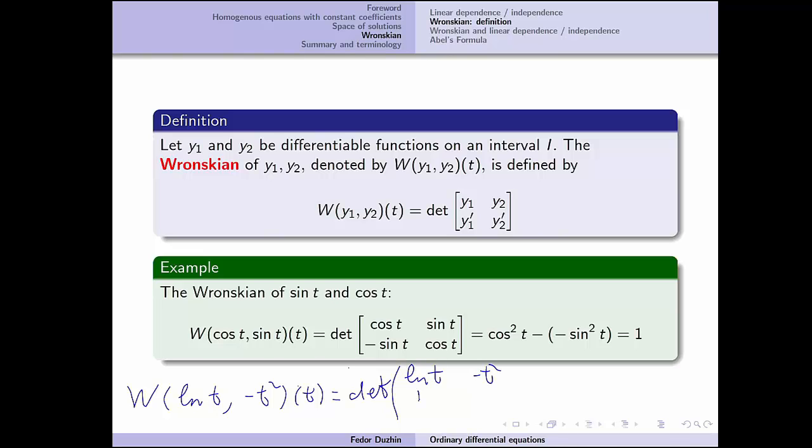The derivative is 1 over t, and the derivative of minus t square is minus 2t. Then we compute the determinant: minus 2t ln t, plus t squared times 1 over t, which is t. So that's minus 2t ln t plus t. That's the Wronskian too.